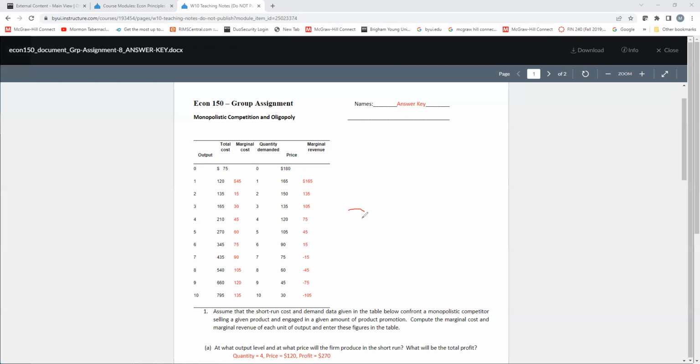So that's 2 times 150, and that equals 300. And for 1 unit, it would be 1 times a price of 165. So that's 300 minus 165, and that's equal to 135.